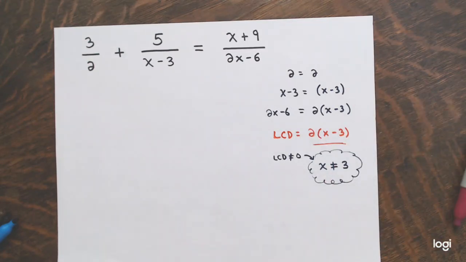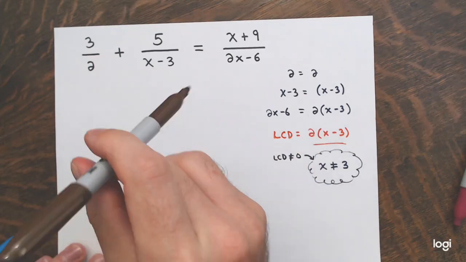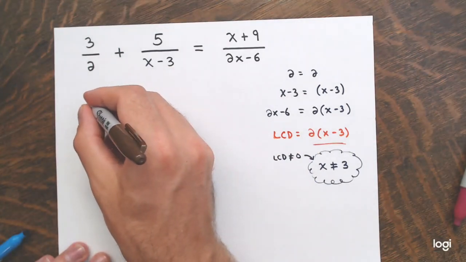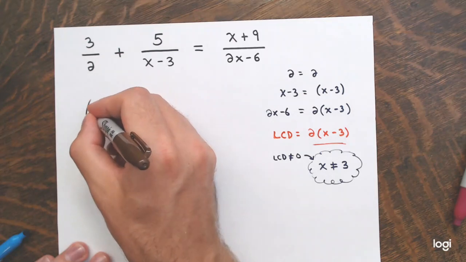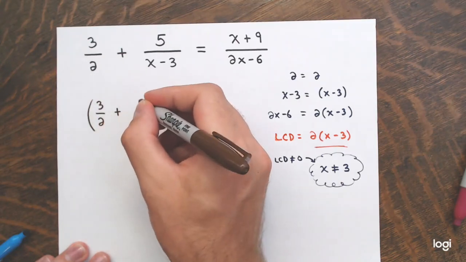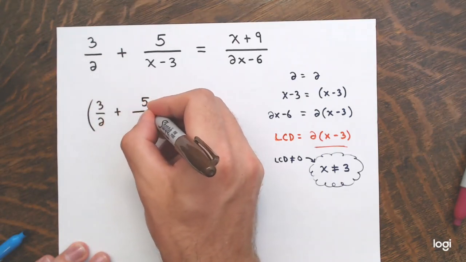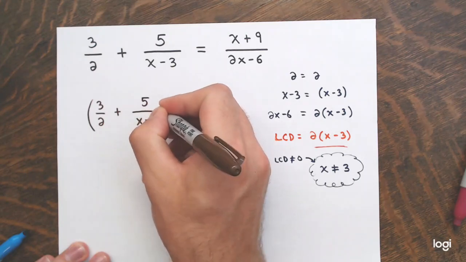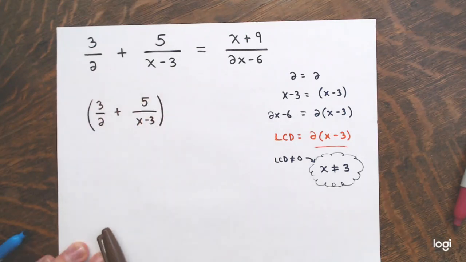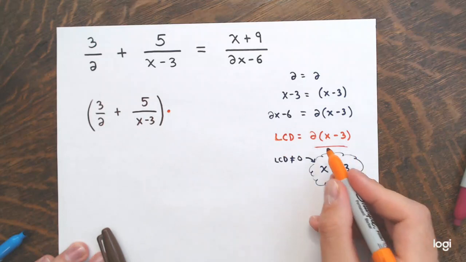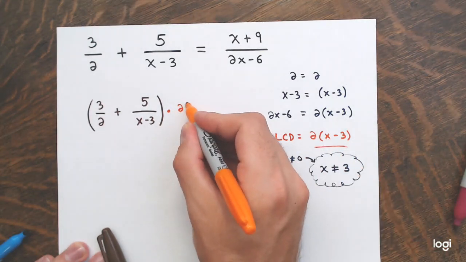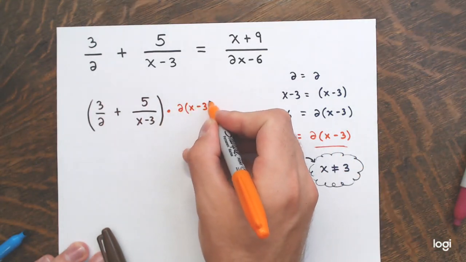Alright, so now I'm going to multiply both sides by the LCD. This left side has 3 halves plus 5 over x minus 3, and that's getting multiplied by this LCD, a factor of 2 times a factor of x minus 3.